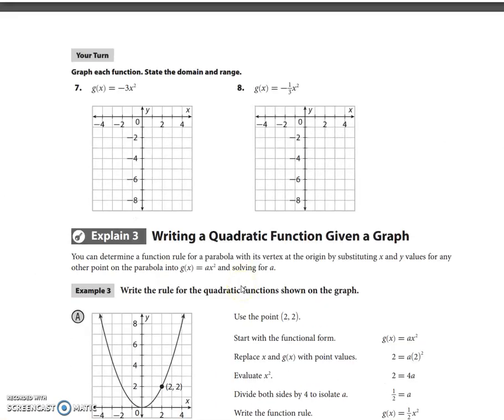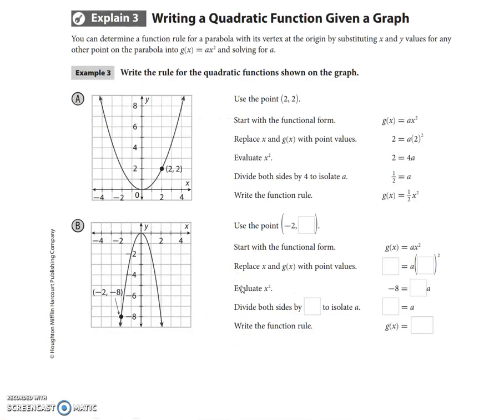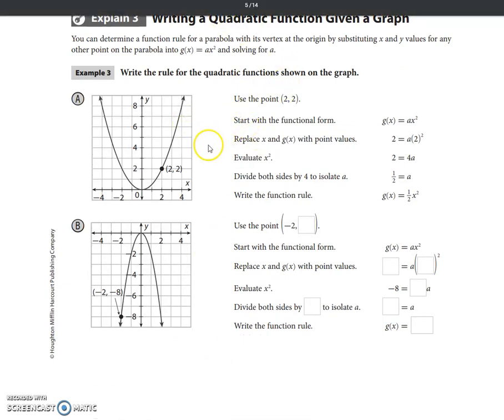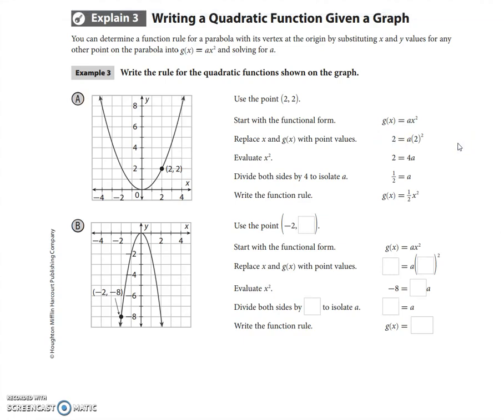All right, and then next is being able to come up with a quadratic function given a point that the parabola goes through, and knowing that the equation is going to be in ax squared form. So if we take the coordinates of a point that a parabola goes through, plug in the x coordinate for x and the y coordinate for y, as is done here, then I can solve to find the value of a.